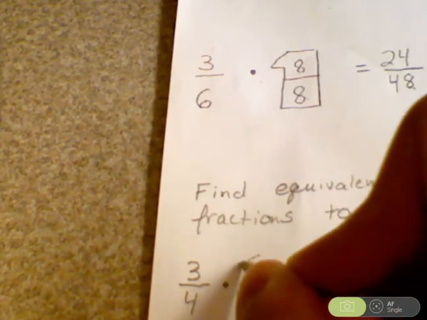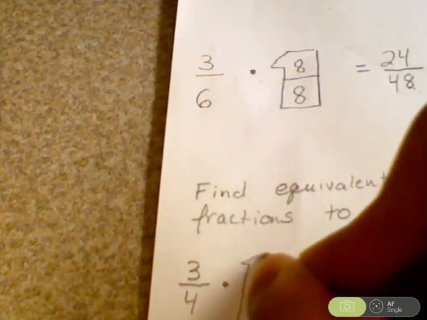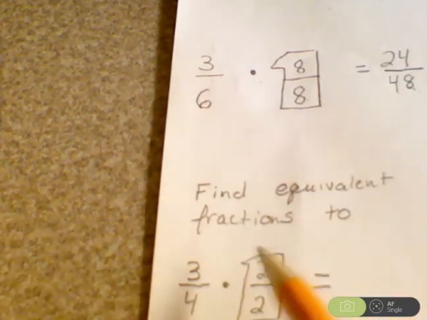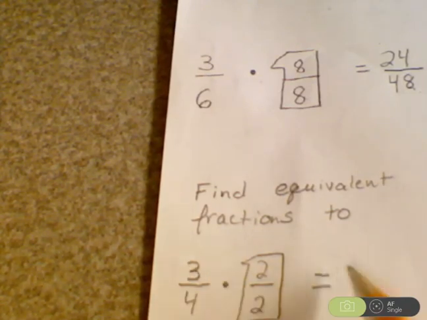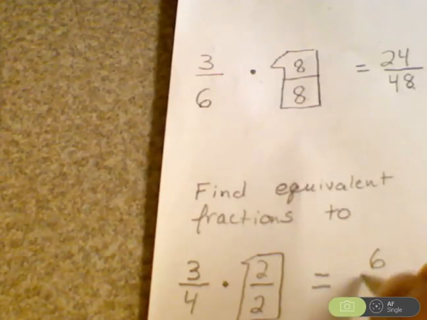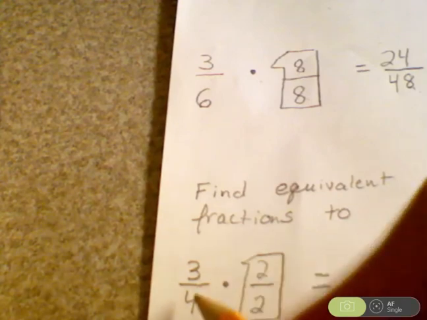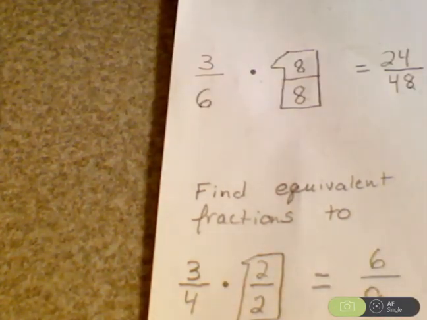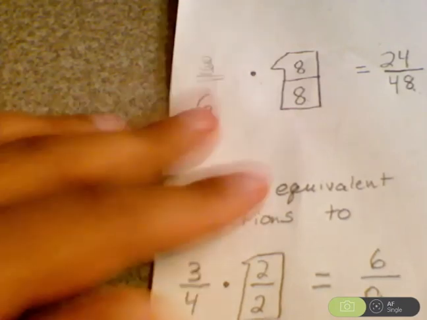And I'm going to make my little 1 right around this because I know 2 divided by 2 is 1. All right, so now we can find the equivalent fraction to 3/4. 3 times 2 is 6. 4 times 2 is 8. And I see now that 3/4 and 6/8 are equivalent, just written in a different way.